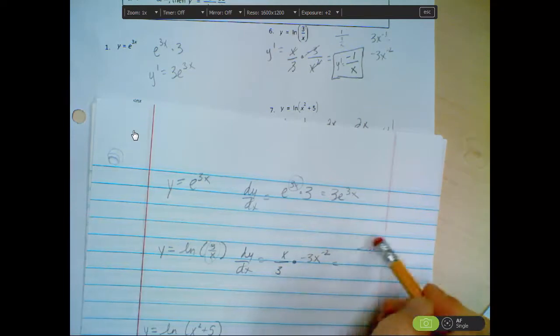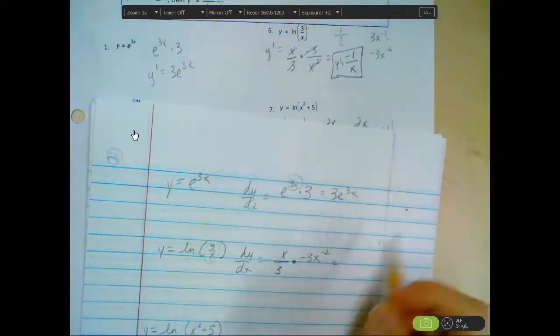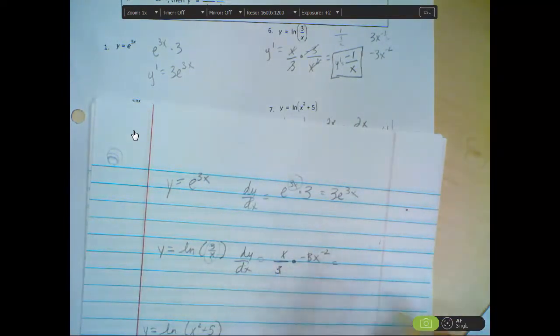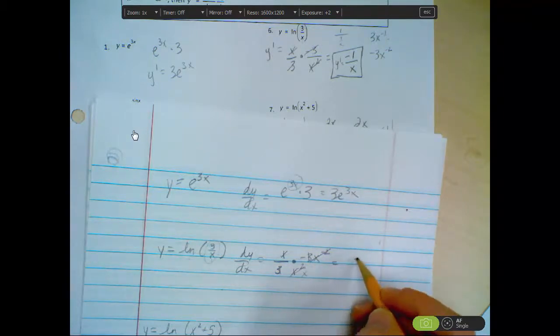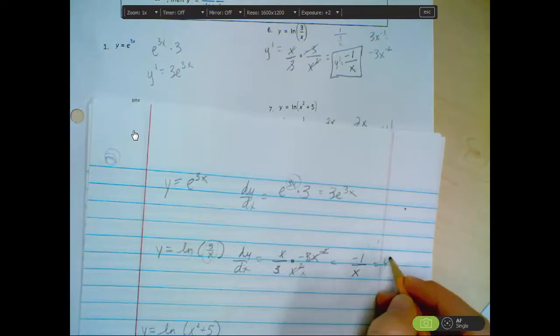And if we simplify that, the negative 3 and the 3 would cancel out, and the x to the negative 2 would move down here and become x squared. So the x and the x squared would cross out and just leave you with an x on the bottom. So your answer would be negative 1 over x. That would be y prime.